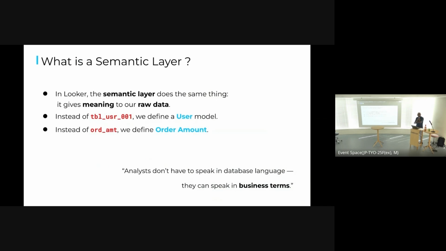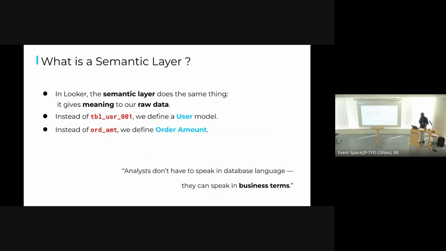But for a business user who's trying to solve a problem, how will they know that TBL_USR_001 is the table that they want, the table that contains the information about the users?